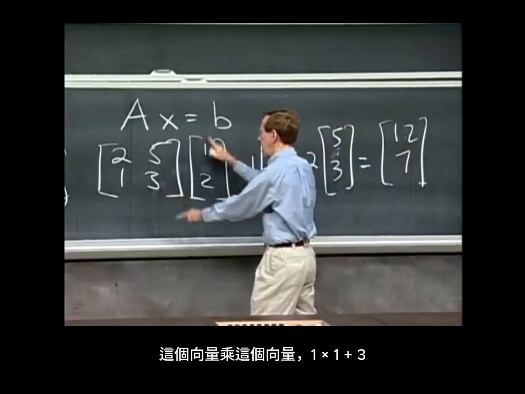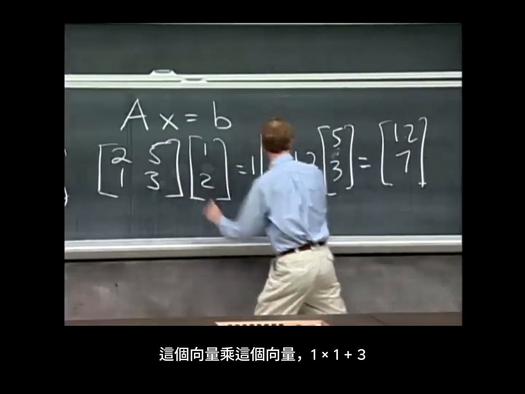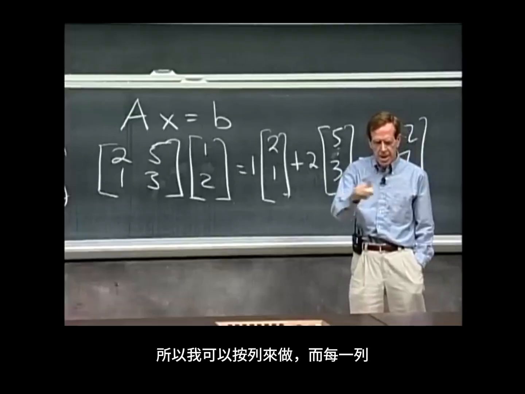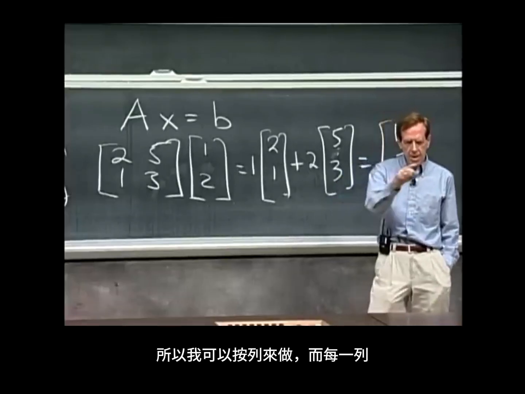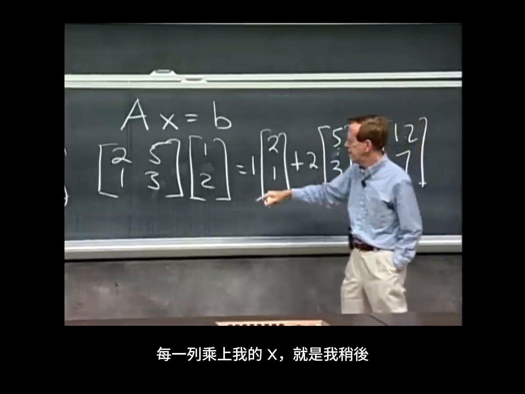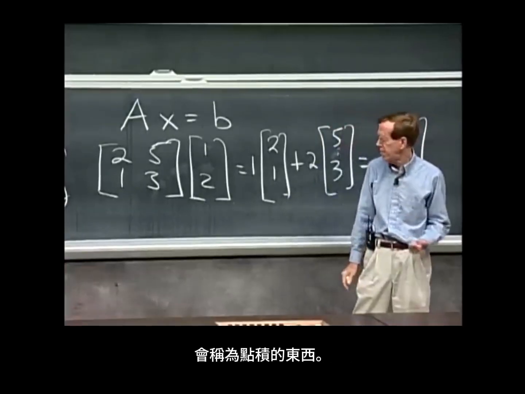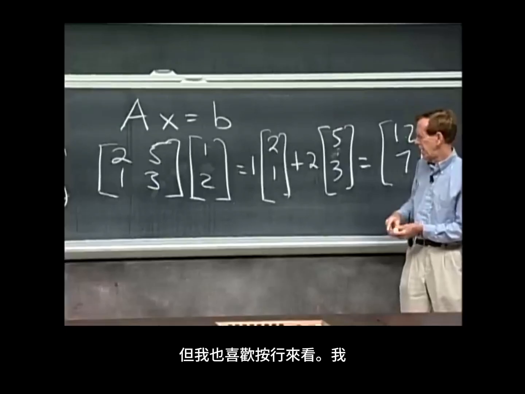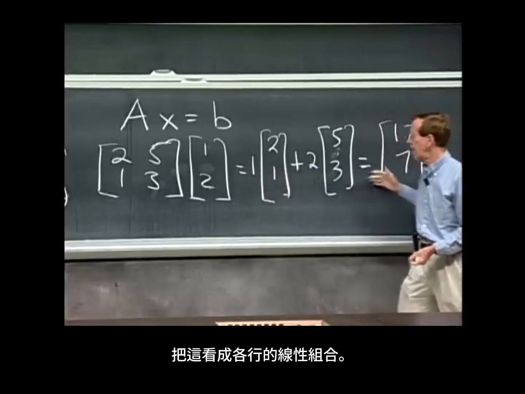This vector times this vector: 1 times 1 plus 3 times 2 is the 7. So I can do it by rows, and each row times my x is what I'll later call a dot product. But I also like to see it by columns. I see this as a linear combination of the columns.